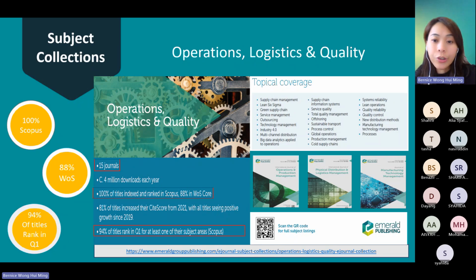We have 15 journals. If you are publishing on supply chain management, logistics management, supply chain information systems, quality control, TQM, offshoring, sustainable transport, global operations, core supply chain, big data and analytics applied to operations, you can consider publishing in the OLQ collection.